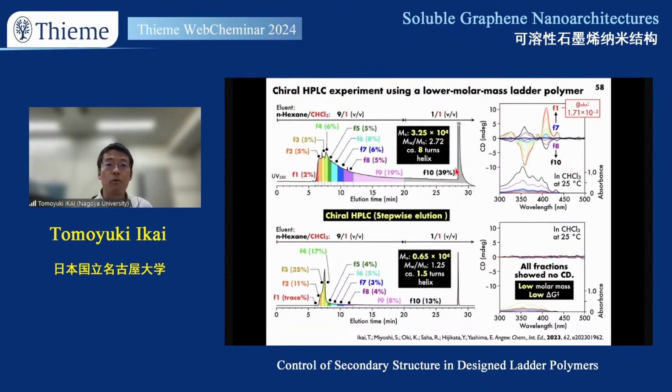To confirm this hypothesis, we performed the same chiral HPLC experiment using the low molar mass polymer with a molar mass of less than 7,000. In this case, all fractions show no CD. This is most likely because the low molar mass polymer chain cannot be isolated as a stable helical structure, with a low helix inversion barrier in solution, as we expected.